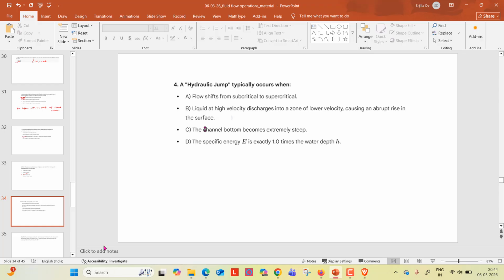Liquid at high velocity discharges into a zone of lower velocity, causing an abrupt rise in the surface. The channel bottom becomes extremely steep. The specific energy is exactly 1 times the water depth. So it is option B. Liquid at high velocity discharges into a zone of lower velocity. So it will be opposite: supercritical to subcritical.